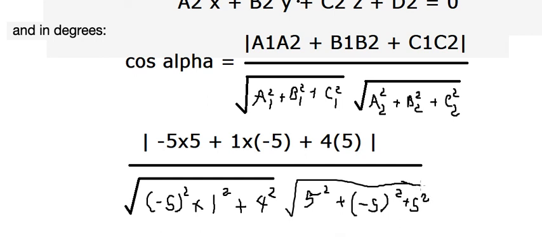We input the numbers in here and we get the result. You get the square root of 14 over 21.